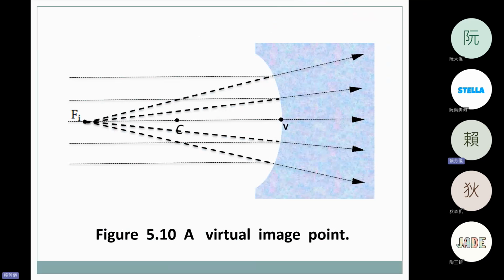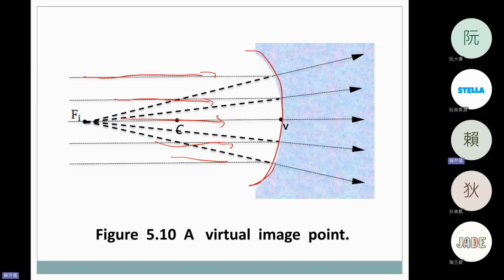Okay, this figure shows a virtual image point such as that. You can see that this is a parallel line going to impinge on a surface such as this one, a transmission surface.